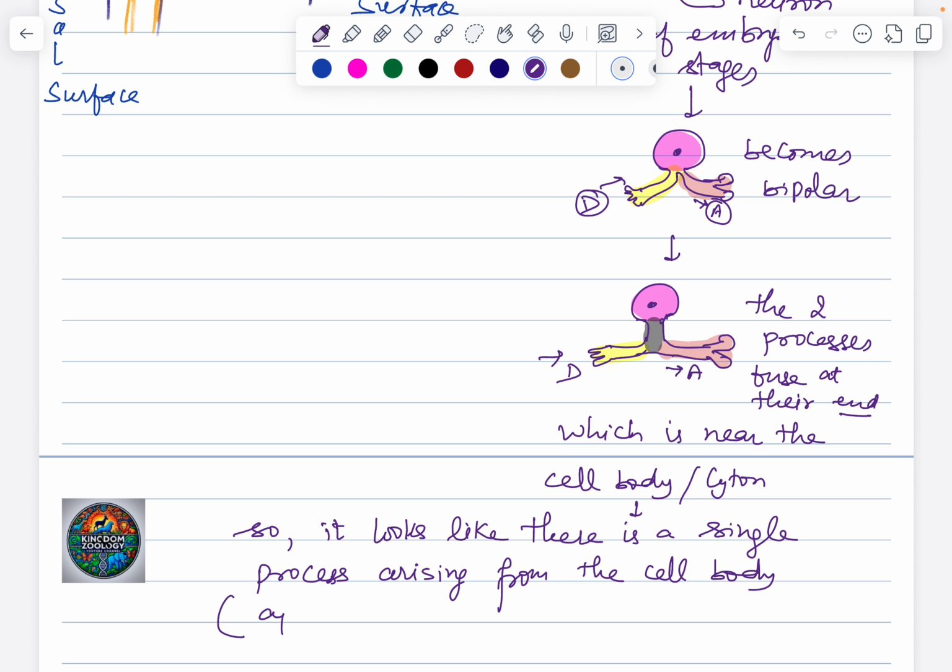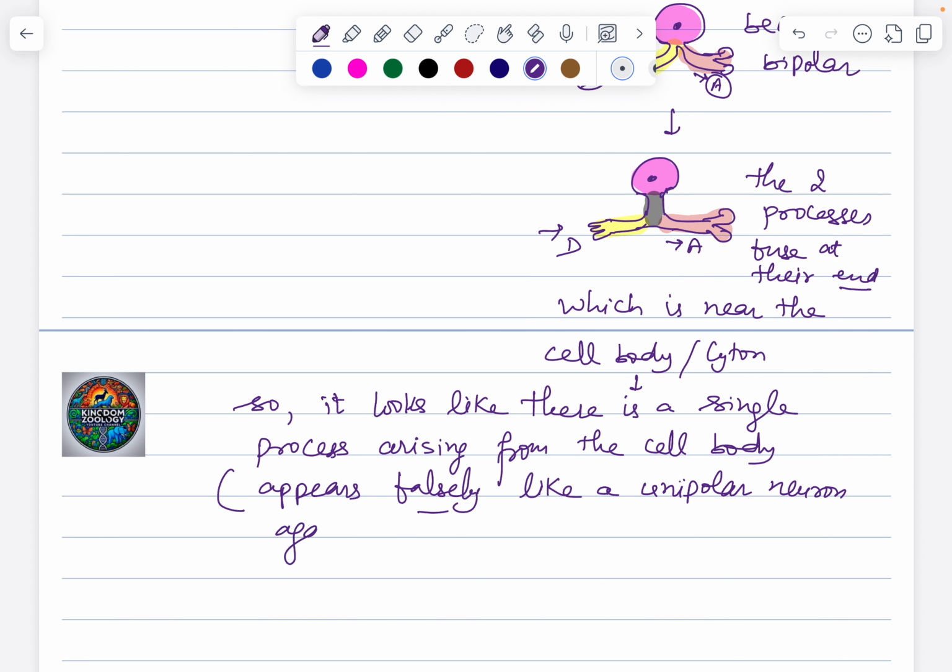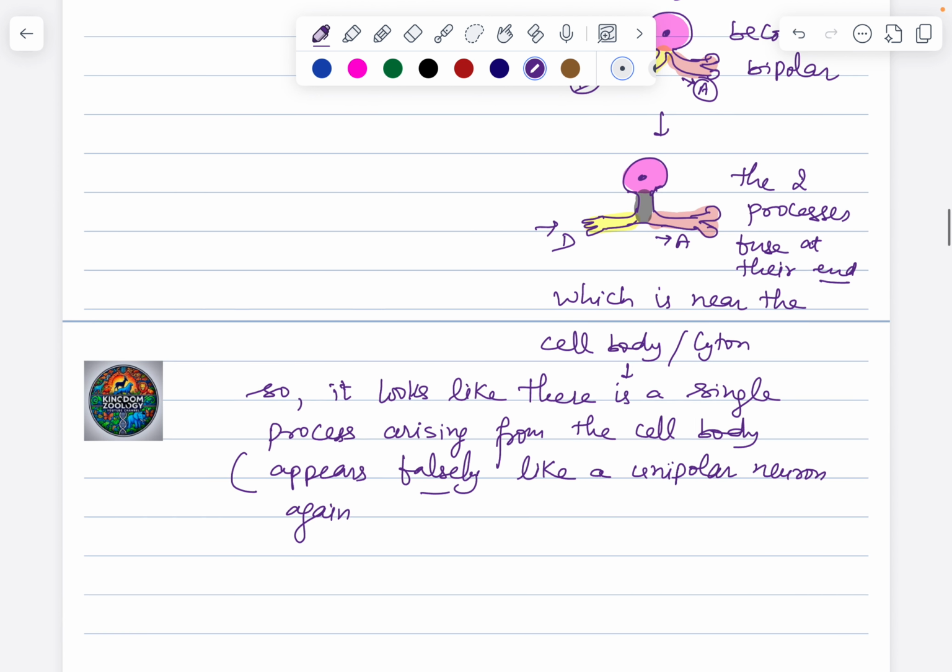That means this neuron appears falsely like a unipolar neuron again.